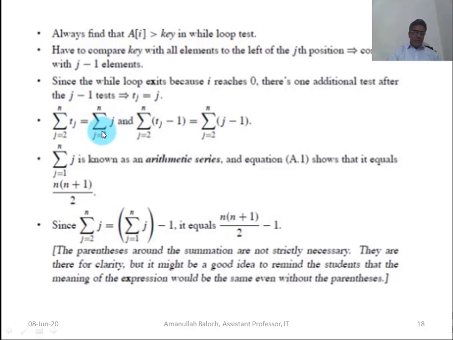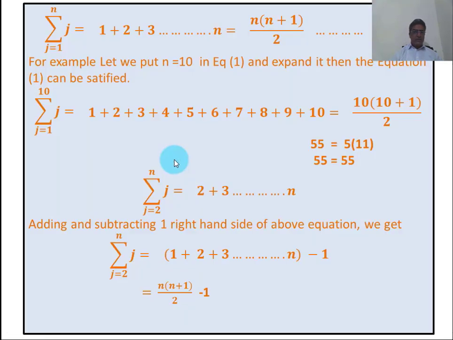How will this summation be converted into this polynomial form? We know that sigma j equal to 1 to n of j is an arithmetic series. I would like to explain it here.